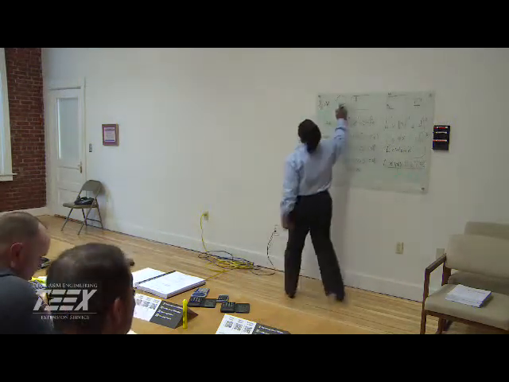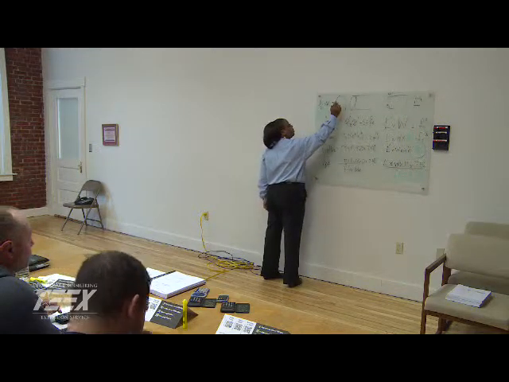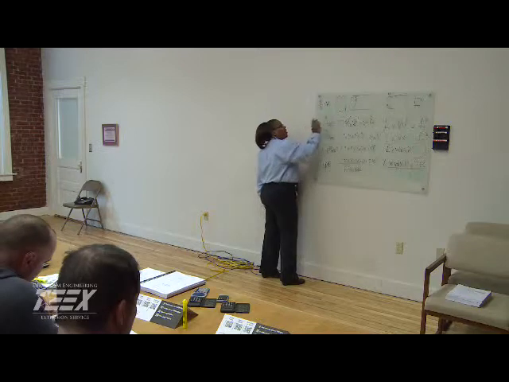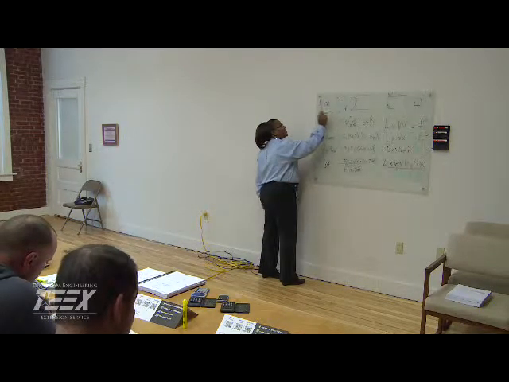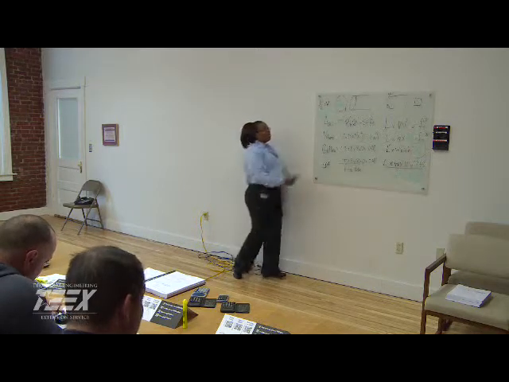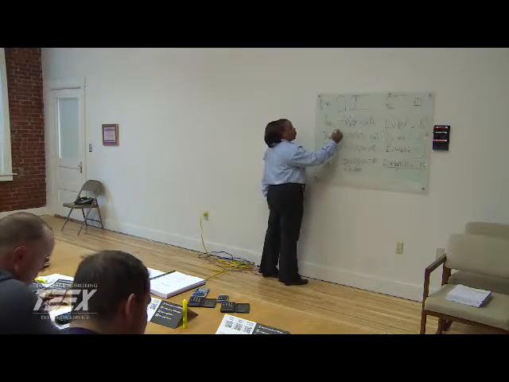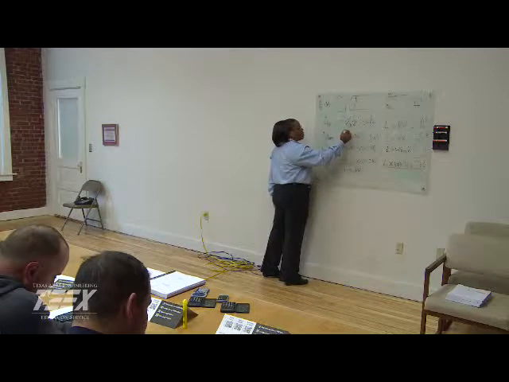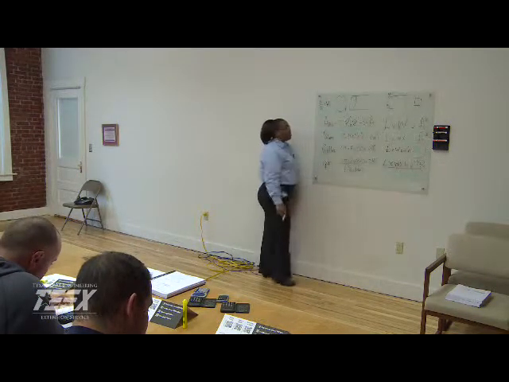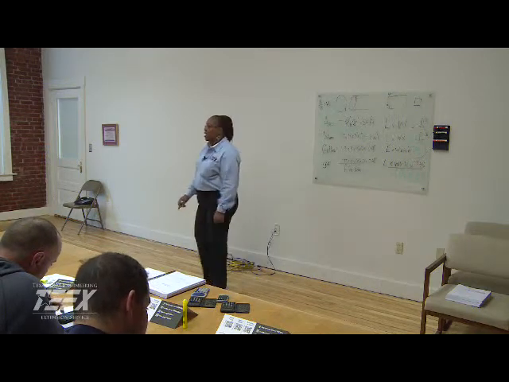We'll start with inches. 6 divided by 2 is 3, so our radius is 3 inches. We can plug it in. Pi is 3.14 times 3 inches times 3 inches gives me how many square inches?